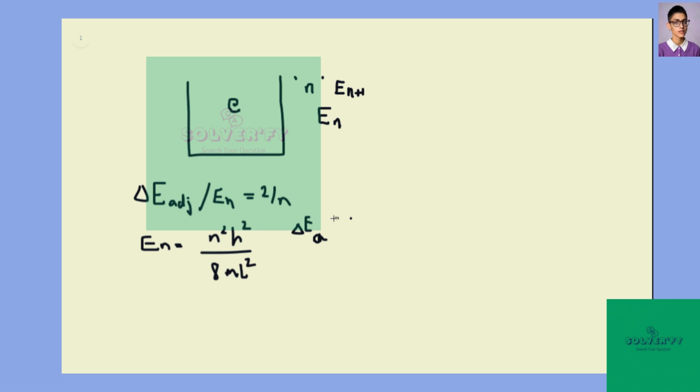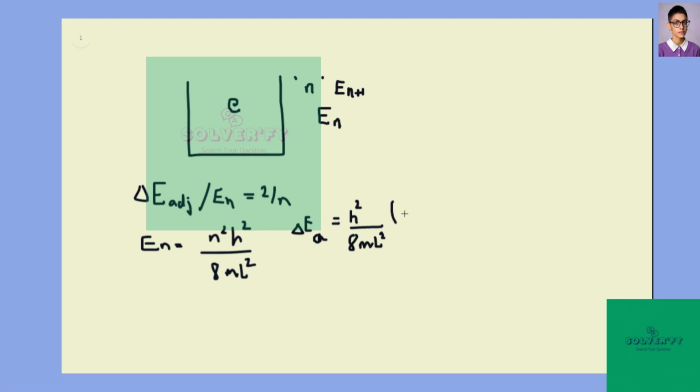In this case, h square over 8 m L square is a constant value, so all we need to take note of now is the n plus 1 and n levels.